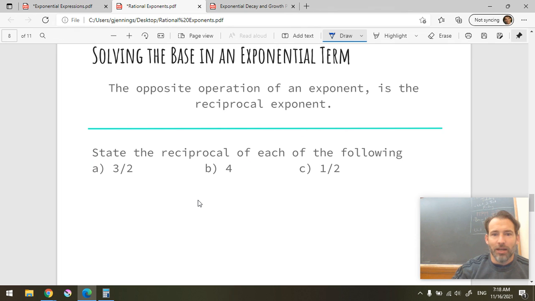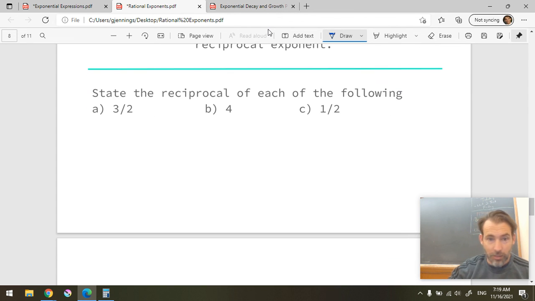Now, if you want to solve for the base in an exponential term, this is going to dovetail nicely into exponential decay and growth. If you have an equation that looks like this: the initial value of a car was $10,000, and it was depreciating by some percentage every year, such that after 5 years it was only worth a fifth of what it had cost before.